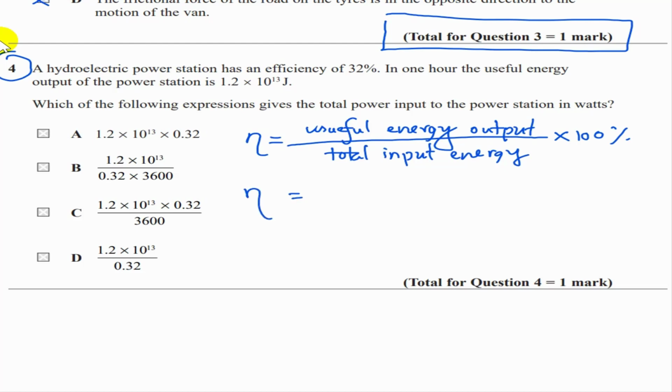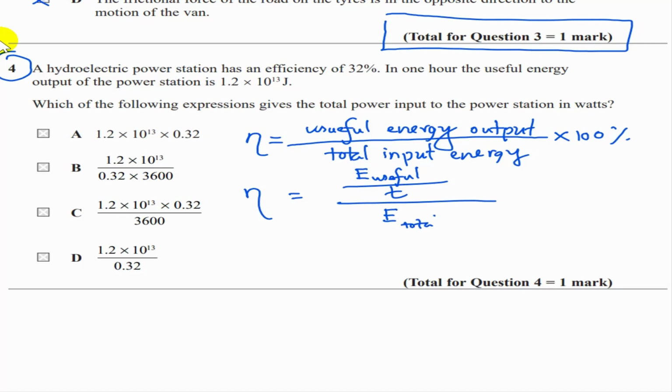So efficiency eta equal to useful energy divided by total input energy, E total.